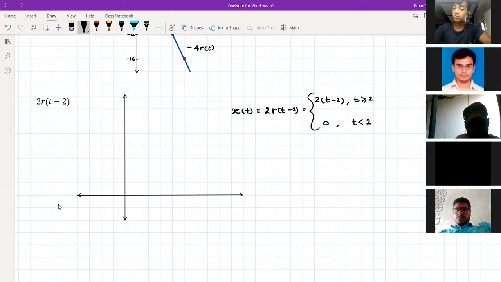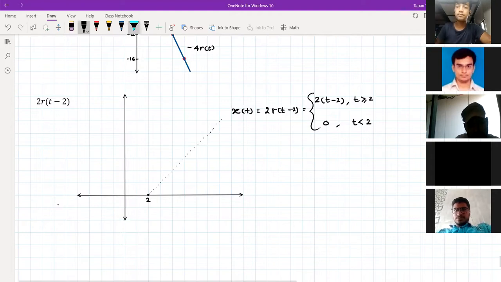Okay, it is time shifted. So let's say it starts here. It is 2 here. Fine. And then its slope is doubled. So the original will look like this. This will be the original one. Whereas in this case, it will double.